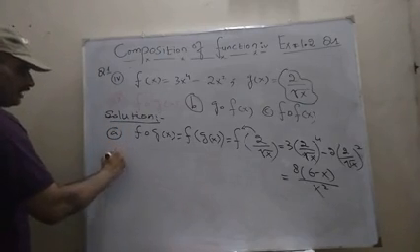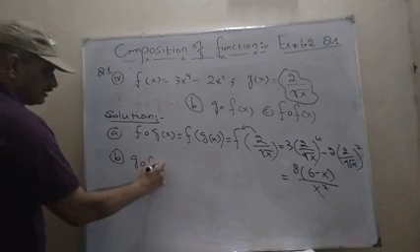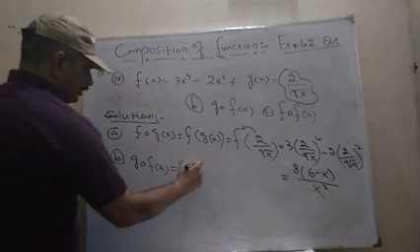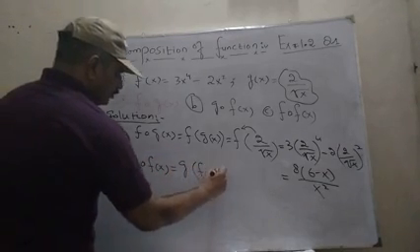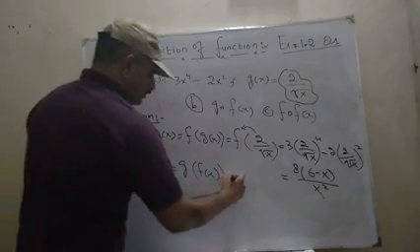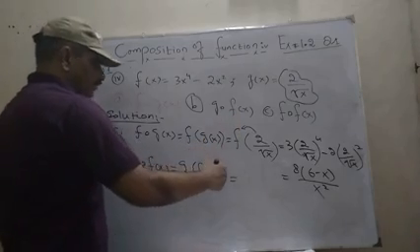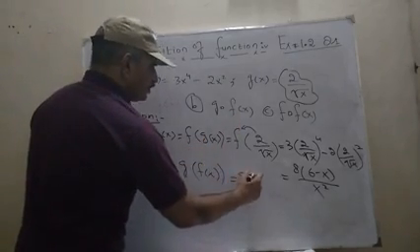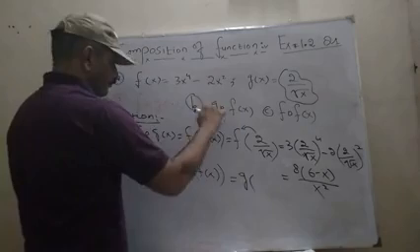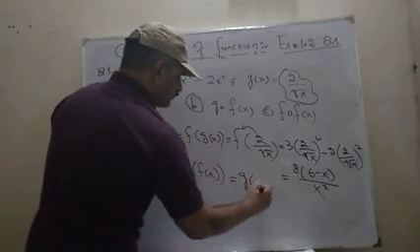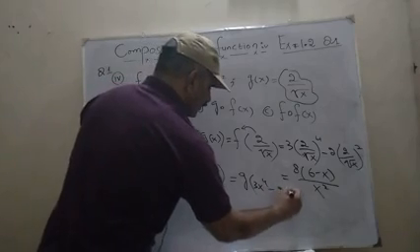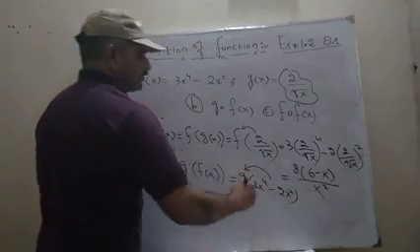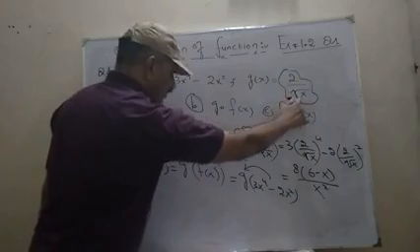Similarly we have to find g of f of x. What you will do here is put the value of f of x in function g, and after this process you will get a new function. So f of x we have 3x to the power 4 minus 2x squared. We put this value in function g. Here is function g, 2 over under root x.